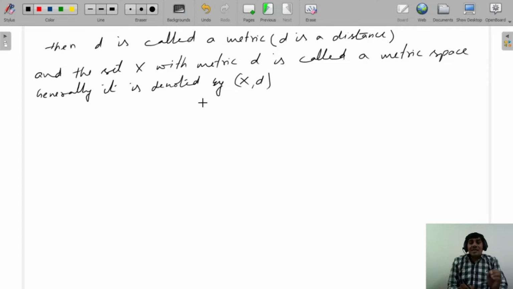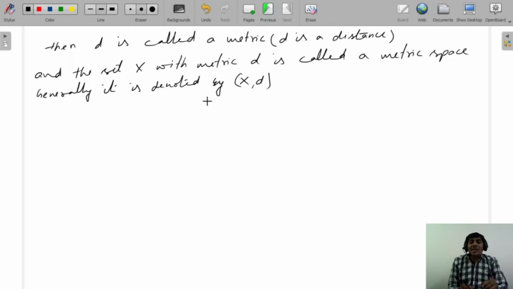X is any non-empty set. D is a mapping from X cross X to R satisfying these four properties. d(x,y) is greater than or equal to 0. d(x,y) is equal to 0 if and only if x is equal to y. d(x,y) is equal to d(y,x) and d(x,y) is less than or equal to d(x,z) plus d(z,y).